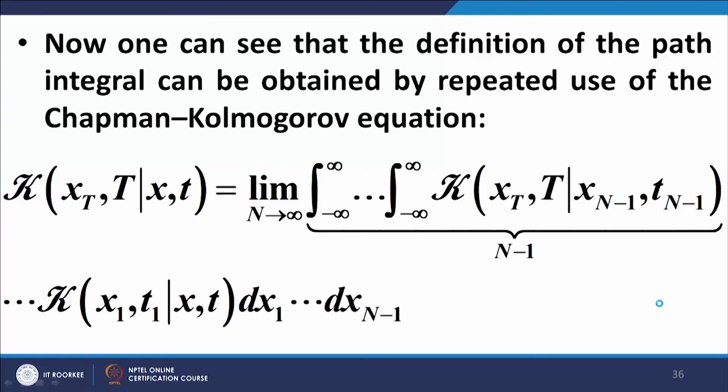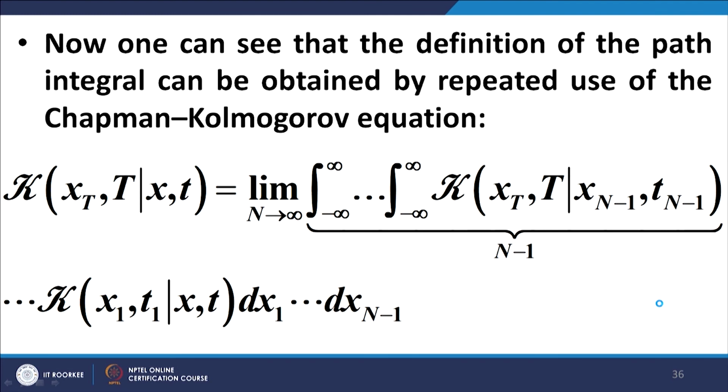That will give you the transition probability or transition amplitude of moving from state 1 to state 3. So, this also shows that we can obtain the path integral by repeated application of the Chapman-Kolmogorov equation.